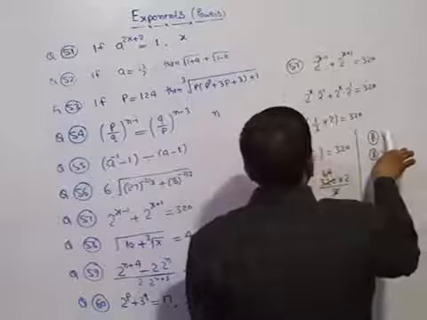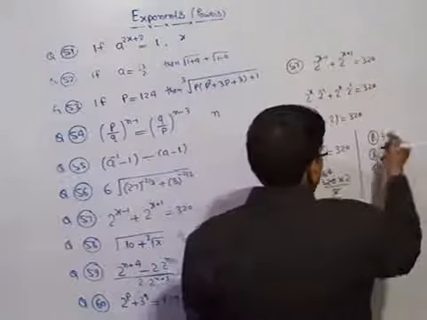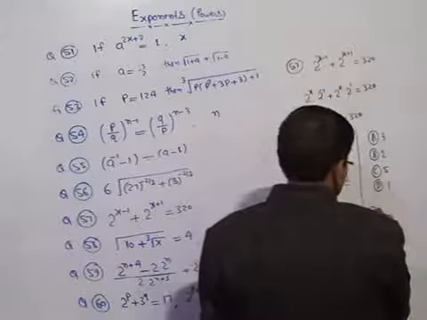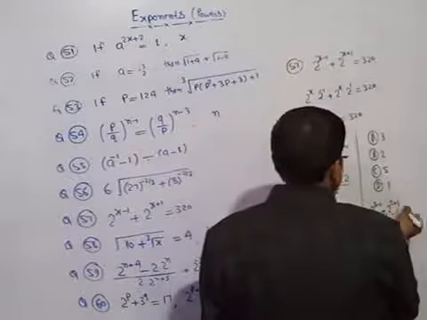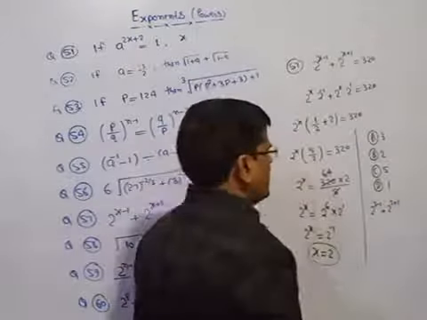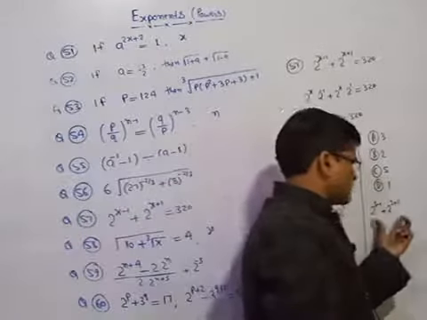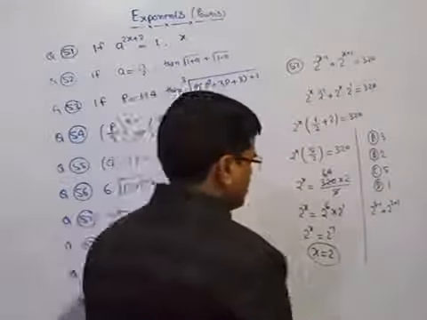We put the value x = 3: 2 to the power 3 minus 1 and 2 to the power 3 plus 1. You will find the value of each and sum them, and we will not get 320.